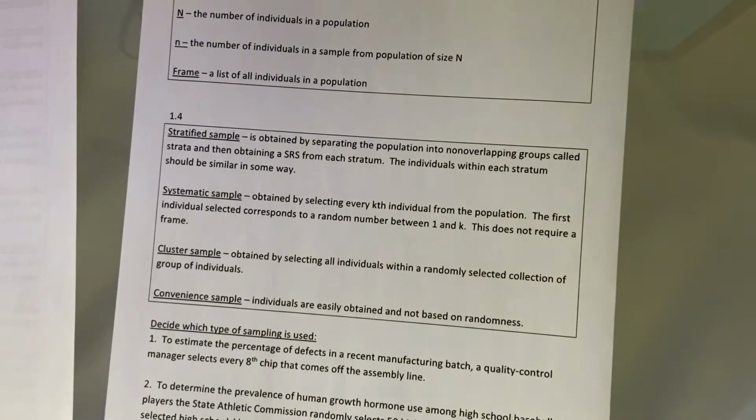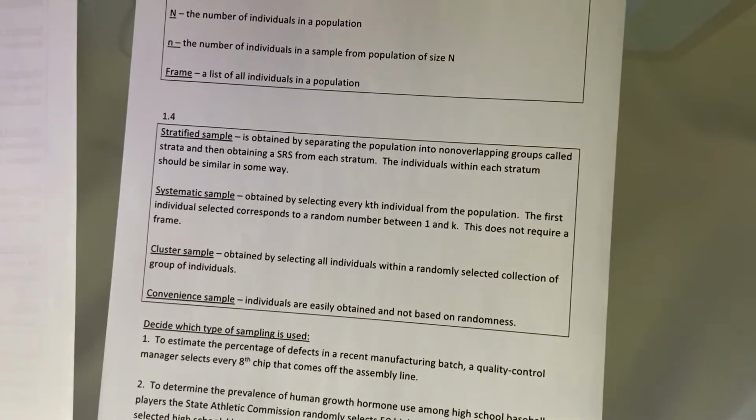1.4 are different types of samples. These are determined by how you pick your sample. A stratified sample is obtained by separating the population into non-overlapping groups, so everyone gets assigned a group, and then taking the same number from each one randomly. The individuals within each stratum should be similar in some way.